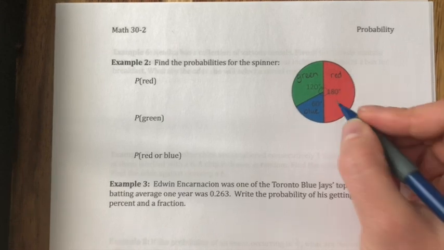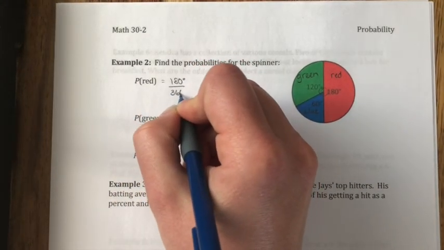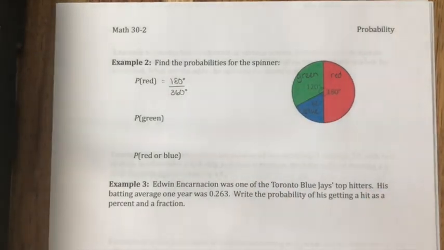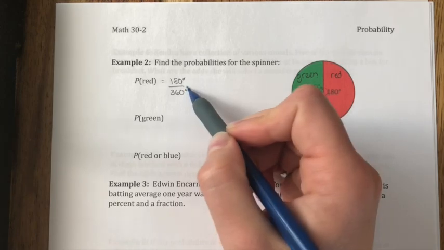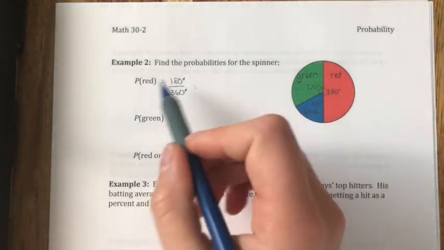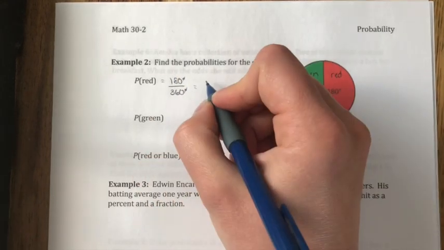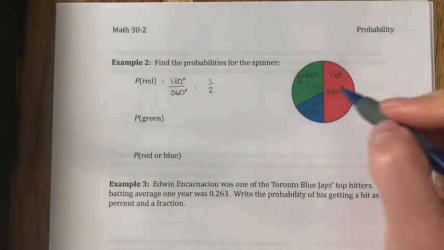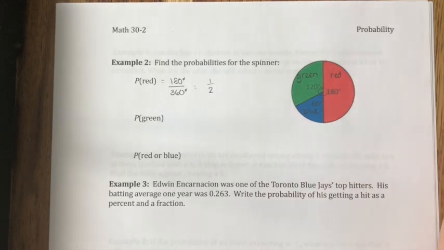Of those 360, 180 degrees are favorable. They're the red, okay? So that's the outcome that we want. Degrees and degrees kind of cancel, and so probability is never going to have a unit. It's just going to be expressed as a fraction. If we reduce this, this is going to be 1/2, and we can see that, right? There's a 50% chance that it's going to land on red, okay?